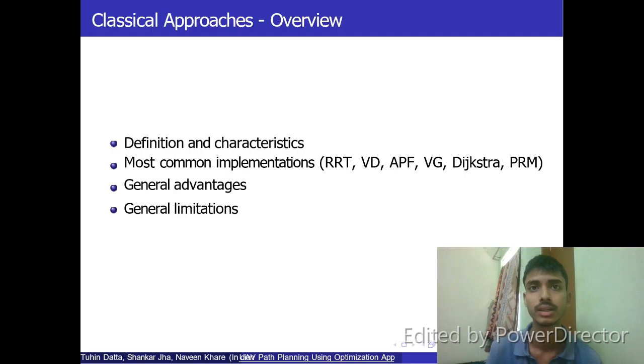According to the paper, the most widely implemented classical methods include rapidly exploring random trees, Voronoi diagrams, artificial potential fields, visibility graphs, Dijkstra's algorithm, and probabilistic roadmaps. These approaches generally offer straightforward implementation but may struggle with computational complexity in dynamic or high-dimensional environments.